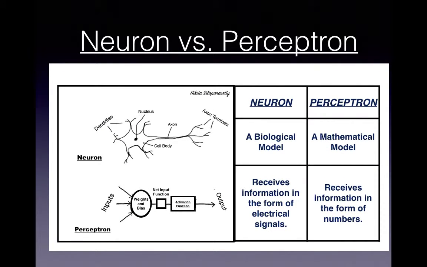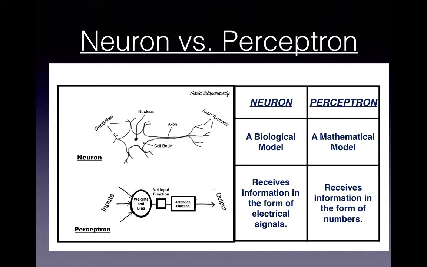Now coming back to the diagram, we can see that this perceptron has 3 inputs. A perceptron can actually have any number of inputs, but for simplicity's sake, I have shown only 3 here. We then have the 2 parameters, which are the weights and the bias. The number of weights will be equal to the number of inputs, but there will always be only one bias. I have put them together as a single category just for ease of understanding.